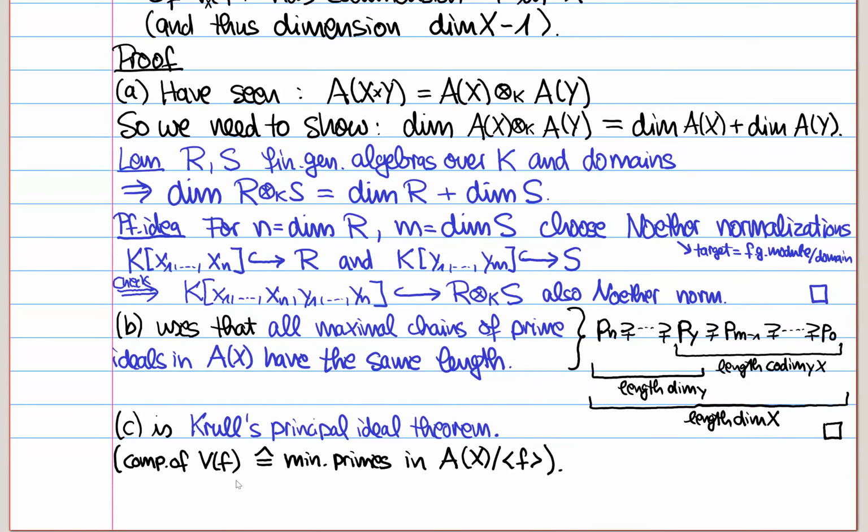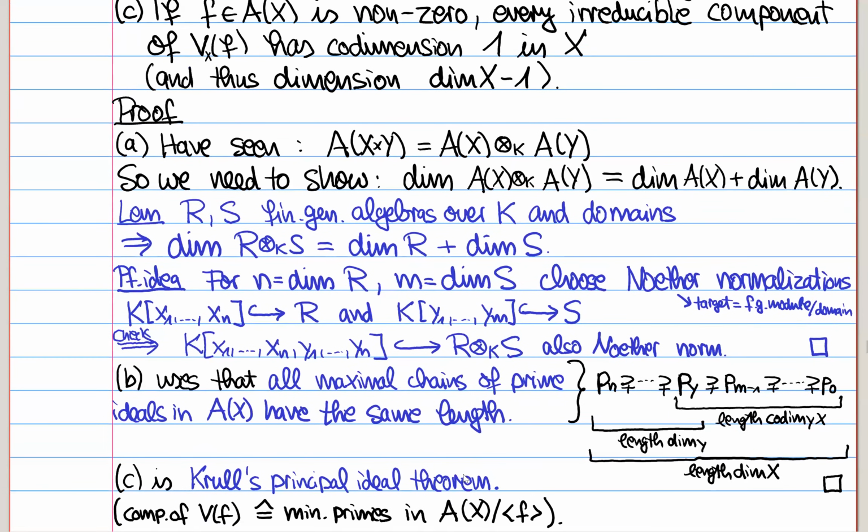Using this relation between prime ideals of the quotient, these are also the same thing as minimal prime ideals of A(X) containing this. And then it's exactly Krull's principal ideal theorem, which tells you that all of these things have height 1, or codimension 1, inside A(X).